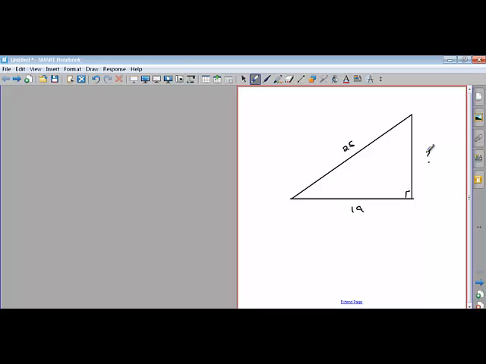The question is, what is the length of this side? 25, we'll call this x. 25 squared is equal to 19 squared plus x squared. So you multiply these out, 25 times 25, 19 times 19. Then you subtract whatever you get here from both sides, and you take the square root, and that'll give you the answer.